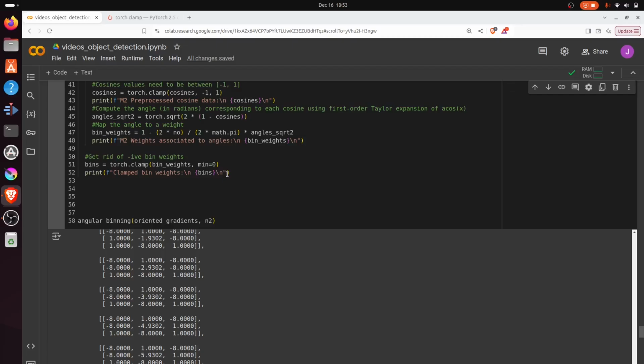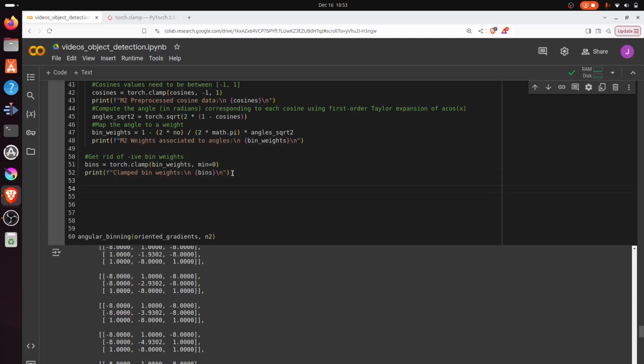Okay, great. So what is next now? What we need to do is multiply the filtered bin weights by the norms. Why? Because you need to think of weights as scaling factors that tell us whether a certain gradient is close or not to a given orientation gradient neighbor.